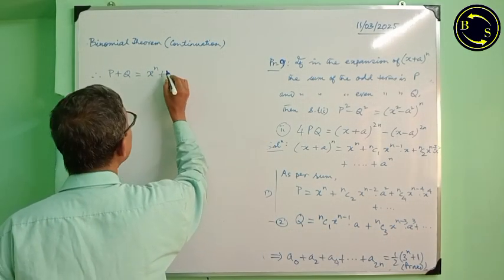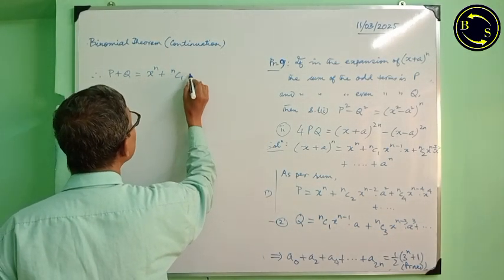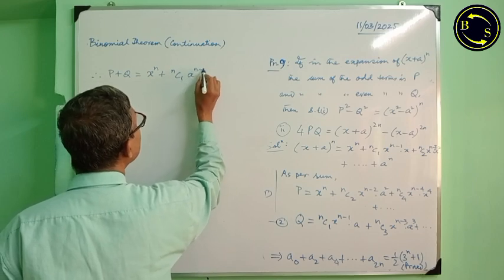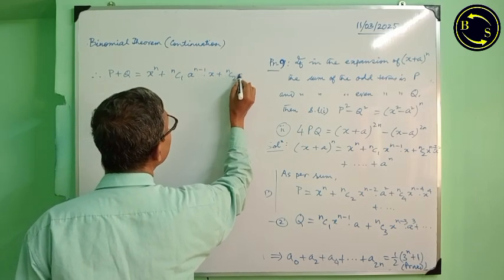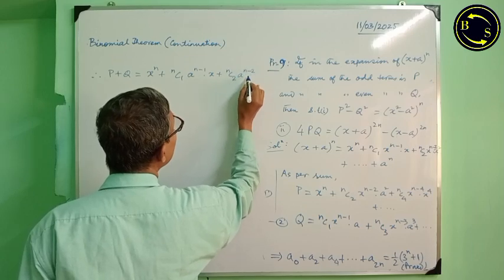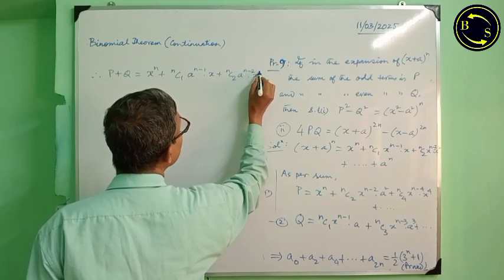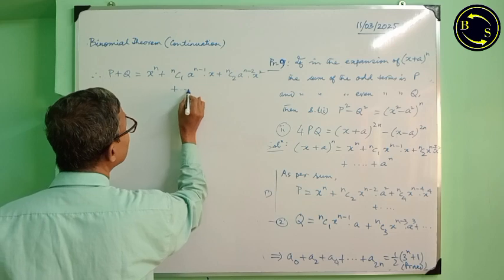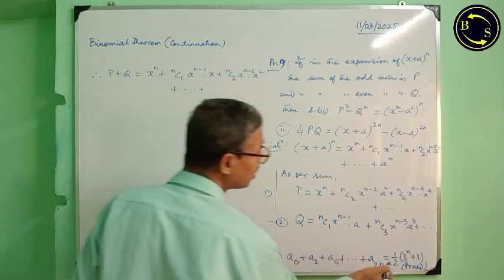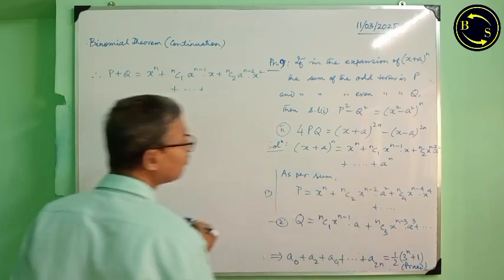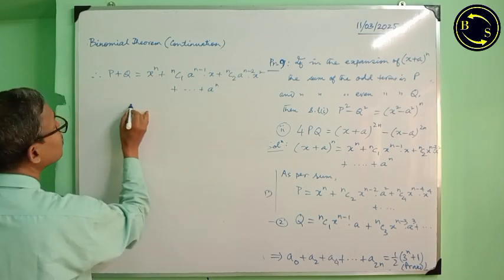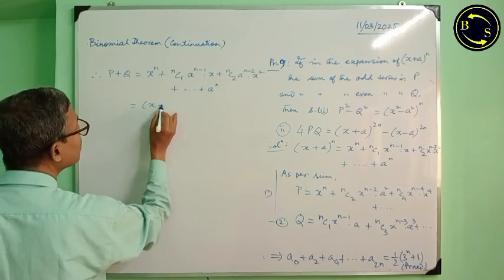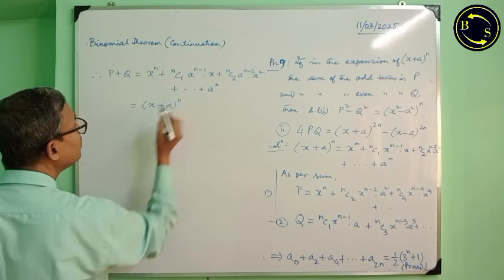X to the power n, then nc1 a to the power n minus 1 x plus nc2 a to the power n minus 2 into x square, then dot dot dot. Last term will be a to the power n. That means x plus a whole to the power n.